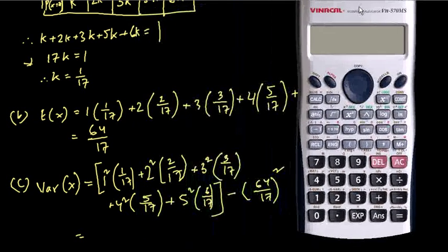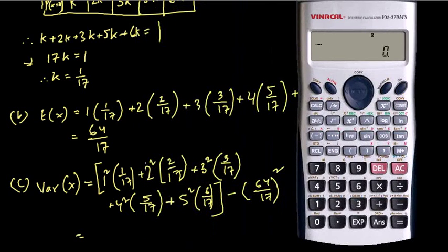So 1 squared into 1 by 17 is 1 by 17, plus 2 squared into 2 by 17. 2 squared is 4, 4 times 2 is 8 by 17.